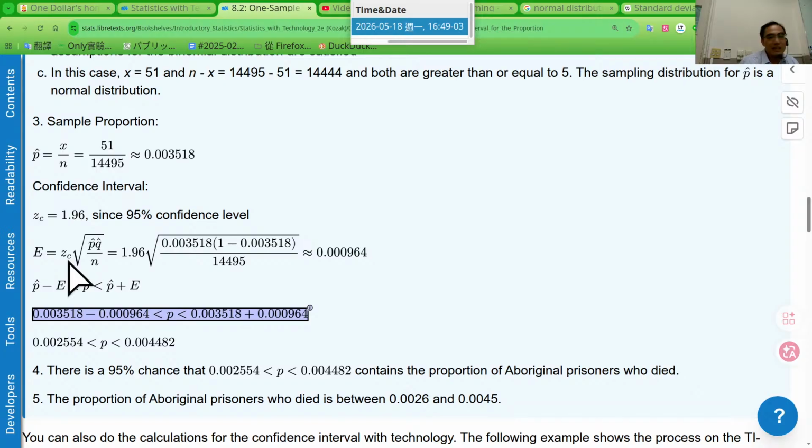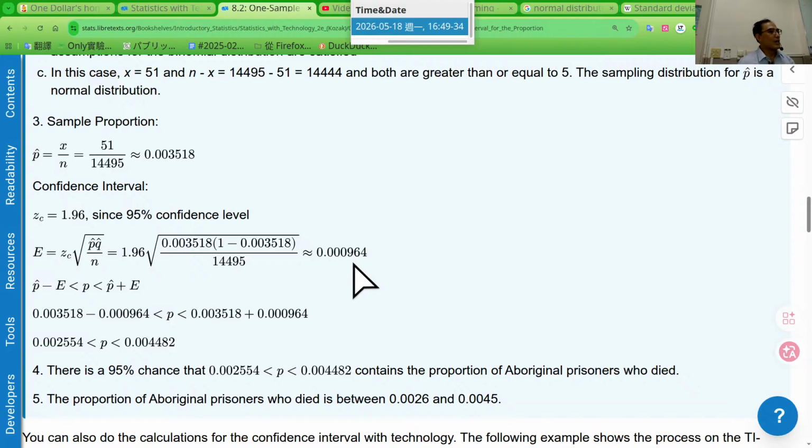And here, the critical value Zc, 1.96, times the square root of p-hat, 0.003518, times q-hat. Q-hat is 1 minus p-hat, 1 minus 0.003518. And the value will be like this.